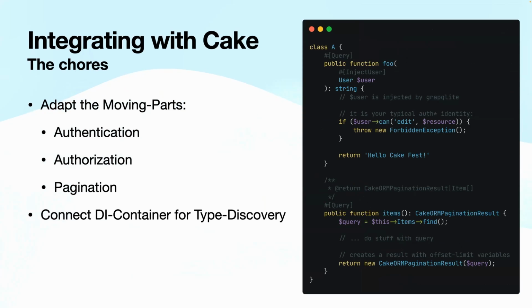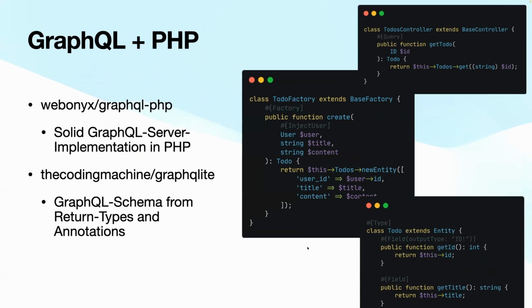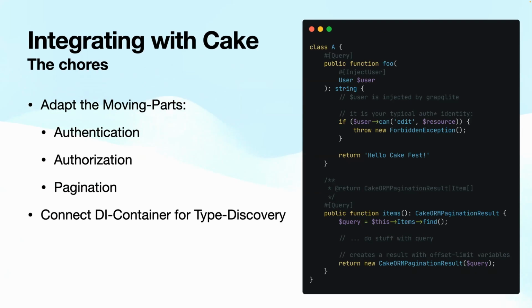Before we get to the good stuff, we have to do some chores. We have to adapt the moving parts like authentication, authorization, pagination, and we have to wire up a dependency injection container because we need that stuff for the factory stuff and so on to work correctly. So you can see on the right-hand side some things that we get from doing these chores.